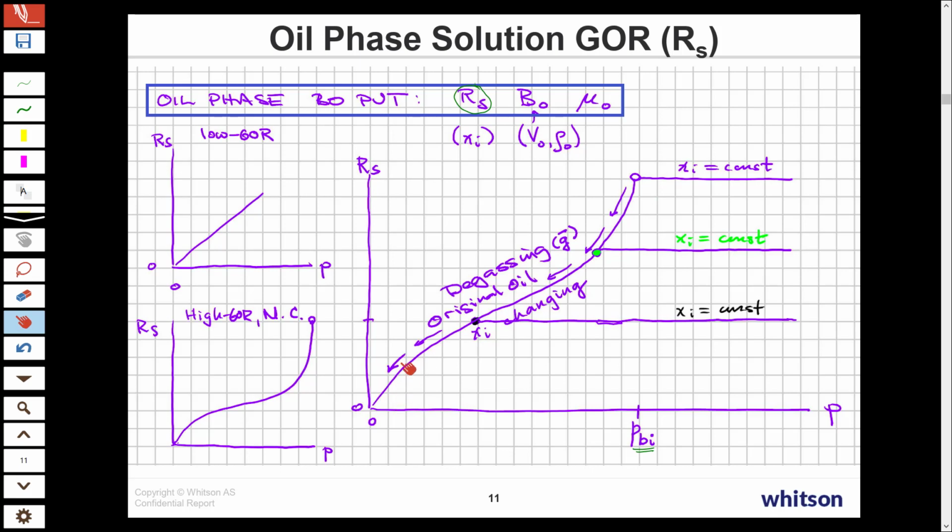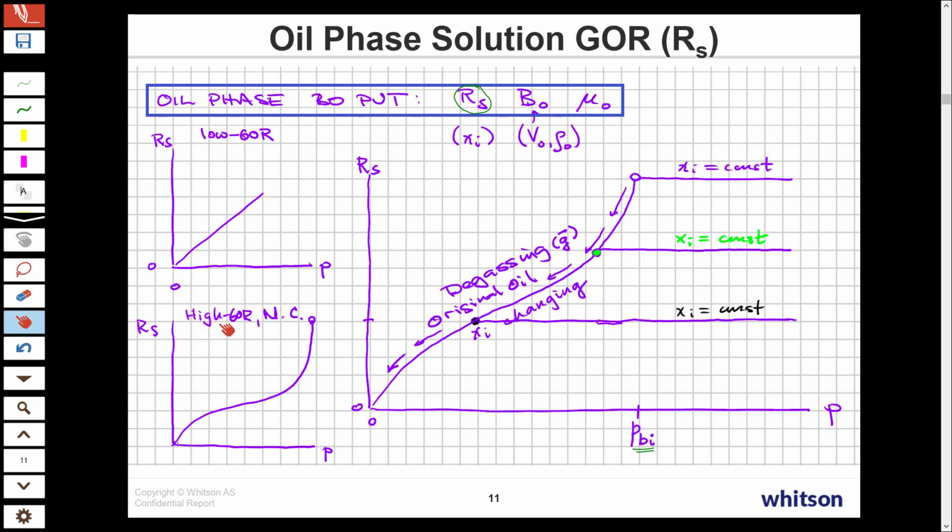If we have a low GOR oil, let's say less than 500 cubic feet per barrel, 100 standard cubic meters per standard cubic meter, this will be more or less linear, going from more or less the intercept 0, 0. Actually, it'll be close to that at least, and more or less linear.